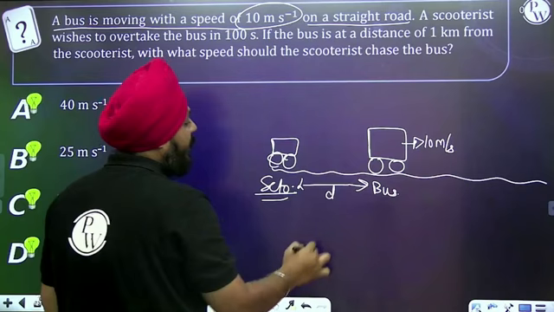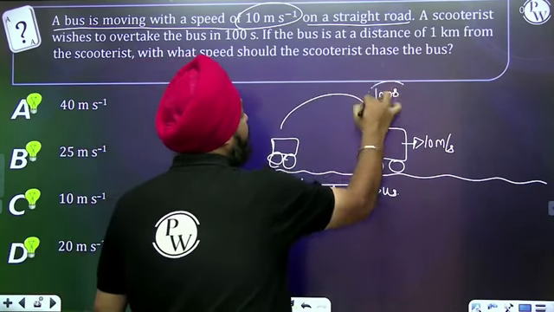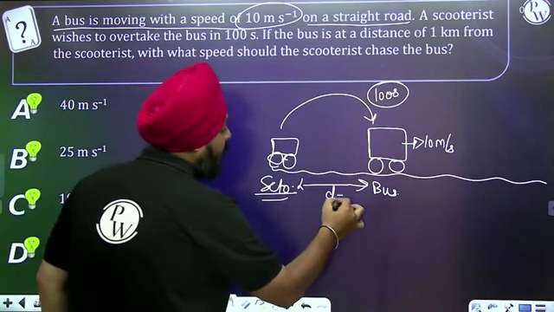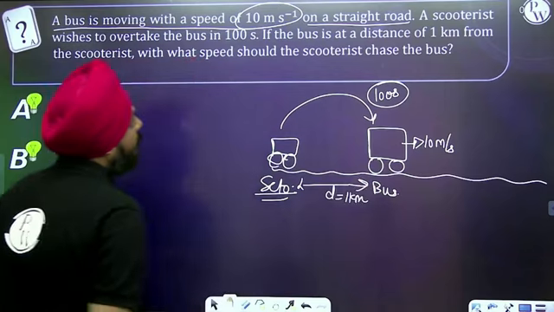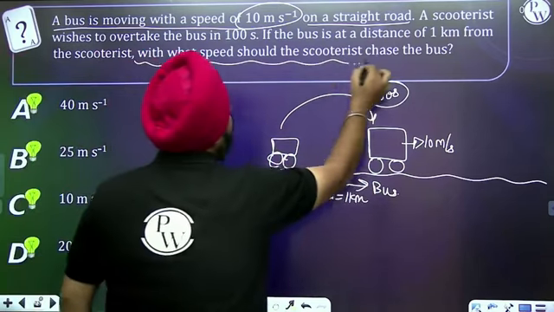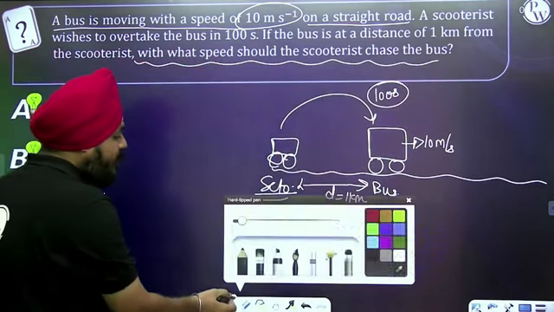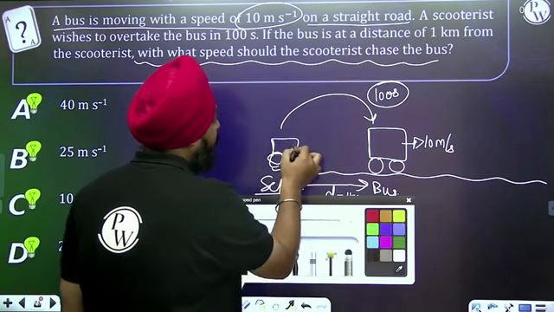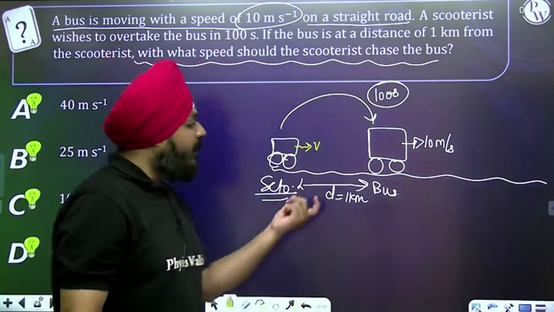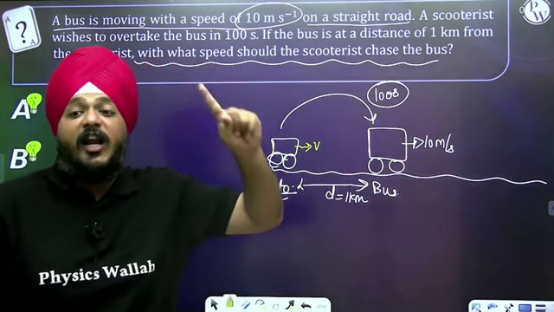He is a distance d behind the bus, given as 1 kilometer, and wants to overtake the bus in 100 seconds. With what speed should the scooterist chase the bus? What will be the speed of the scooterist so that he can cross a distance of 1 kilometer in 100 seconds?